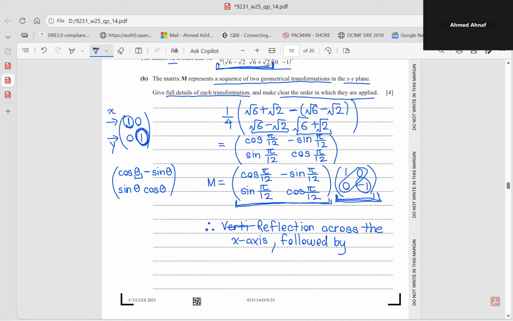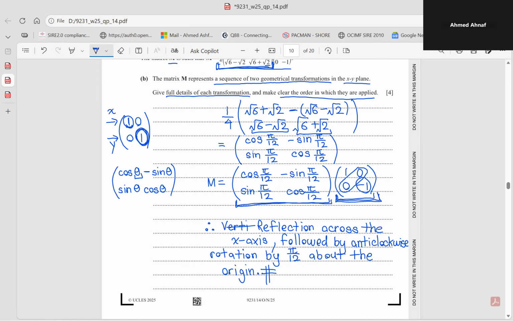So we are going to write followed by anti-clockwise rotation by pi over 12, because that's what theta is, about the origin. These are the two transformations, in the order in which they were applied. This would be all for this part.